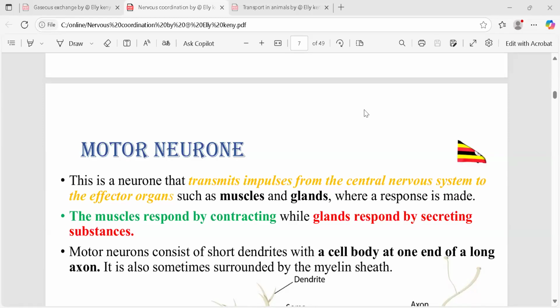Using the other example I used earlier, where we saw the snake, the information was taken to the brain for interpretation, and then the motor neurons sent information to the effectors. In this case, let's say the effectors are the adrenal glands, which secrete adrenaline.